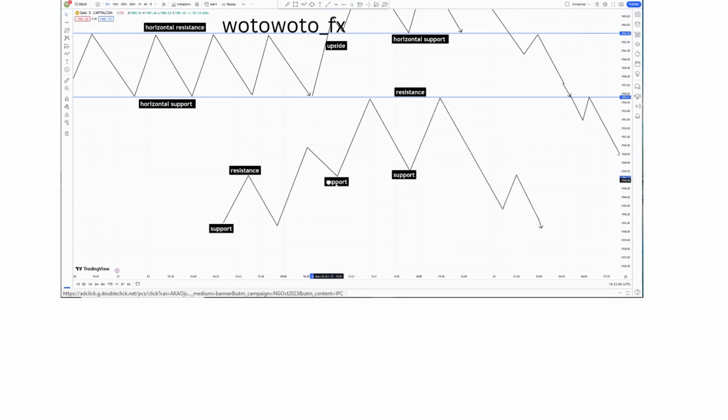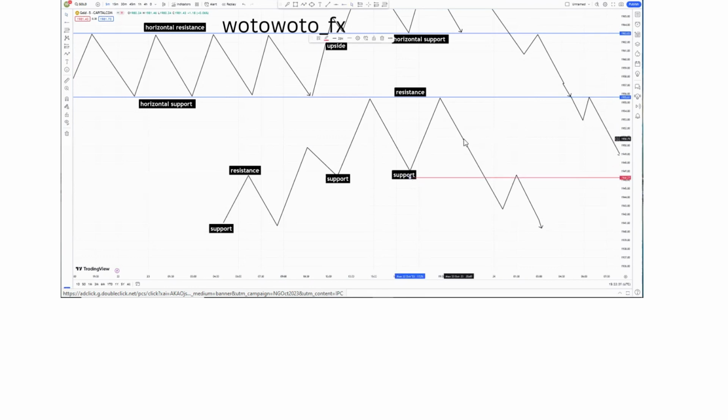Why it is support is that price came from the upside and tapped below here, meaning that here is support, then went back up and tapped to the upside, which is resistance, came back, support, went back up, tapped on resistance. Then it came and broke this level. This is the level it broke.